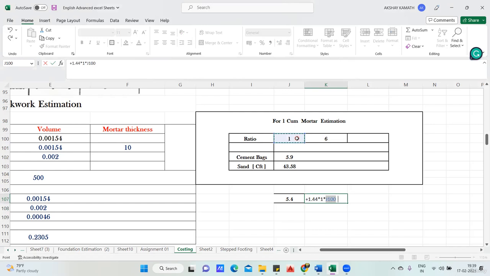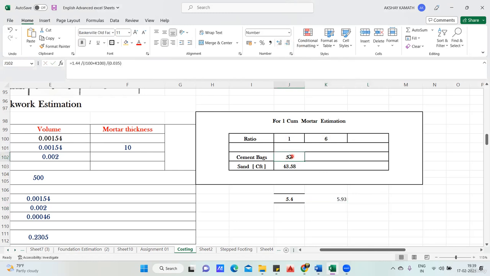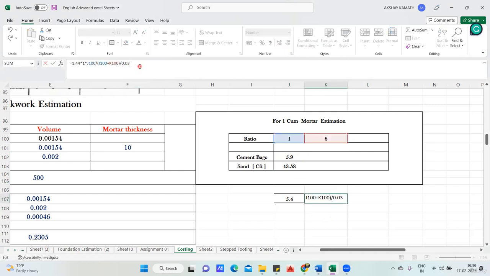Divided by the total ratio, 1 plus 6, close the bracket, and then divide this by 0.0347, because that is the volume of a cement bag. If you press enter, it will be 5.92, and if I bring it like this, it will be 5.93. Here it is 1.44; I have taken 0.035, that is why. I can take 0.035 and I'll get the same answer. Now it is okay.